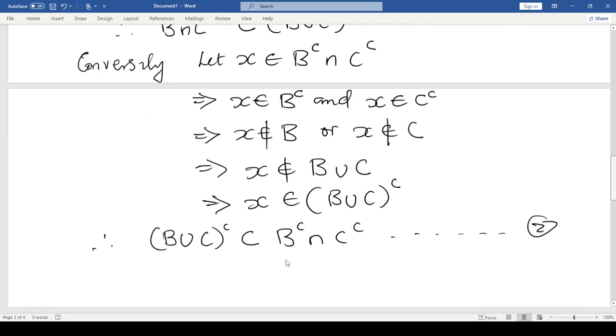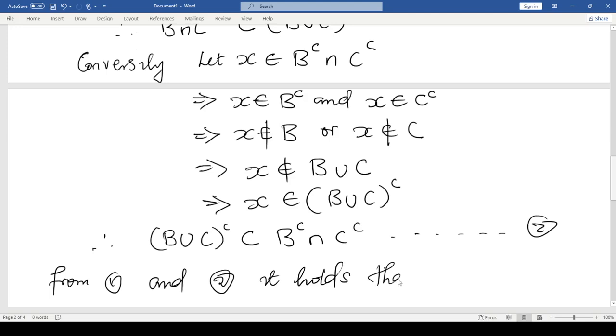So since we've proved from the left going to the right and also from the right going to the left there, and they both hold, so you can just say from 1 and 2, it holds that B union C complement is equal to B complement intersection C complement like this. Okay, thank you so much.